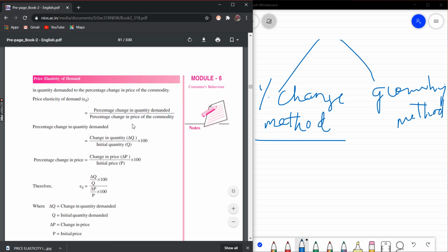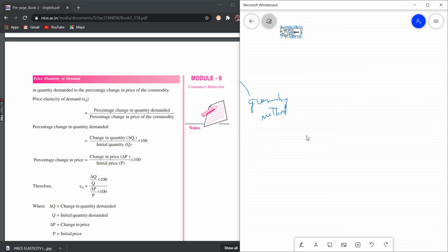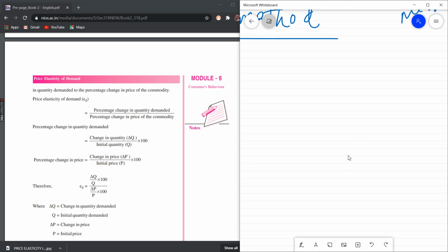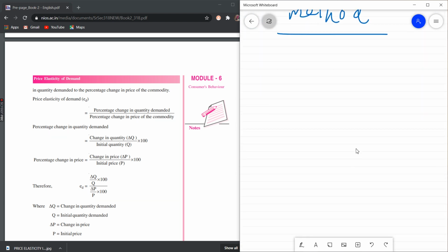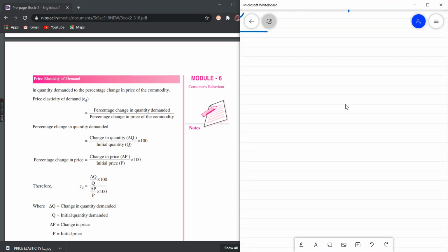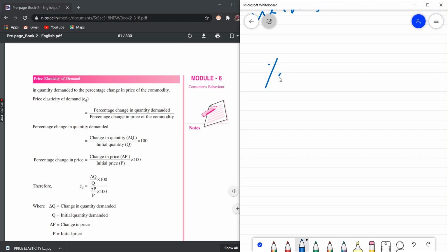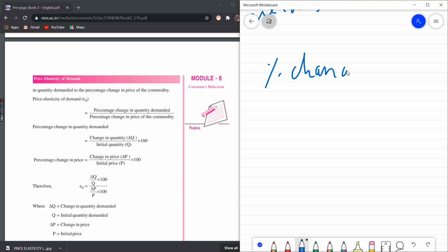So how will the percentage change in quantity demanded be found out? Let us first take the percentage change in quantity demanded.